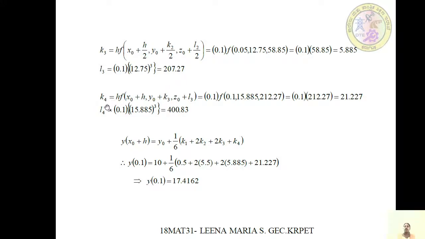Similarly, we can find K4 and L4. K4 equals h f of x0 plus h, comma y0 plus K3, comma z0 plus L3, where h is 0.1. On simplifying, x0 plus h gives 0.1, y0 plus K3 gives 15.885, comma z0 plus L3 gives 212.27. That equals 0.1 into your z function, which is 212.27.